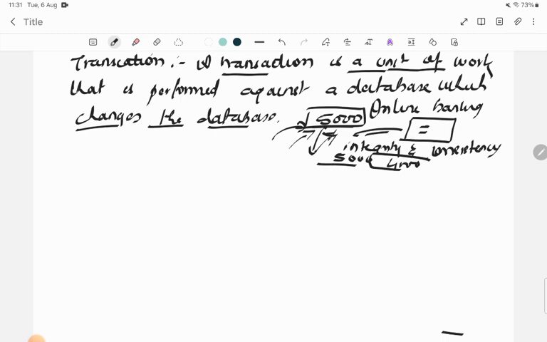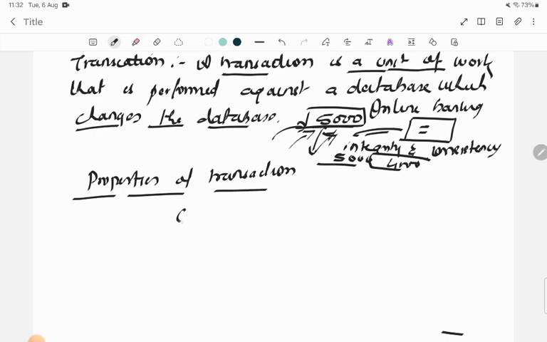So for this purpose only, we have certain properties of a transaction, we can say. This is very important. You can expect one question from this either in your university exam or in your viva or MCQs. Okay, so what are the 4 properties of a transaction?